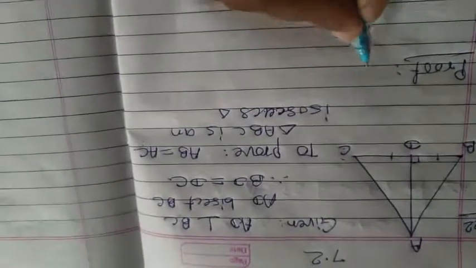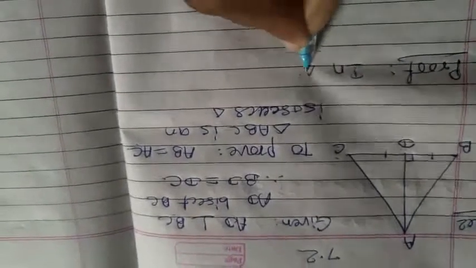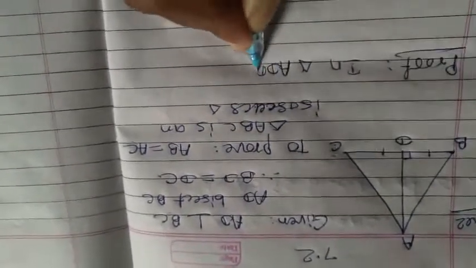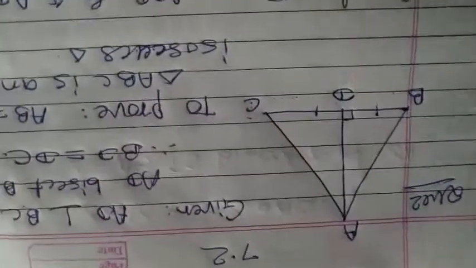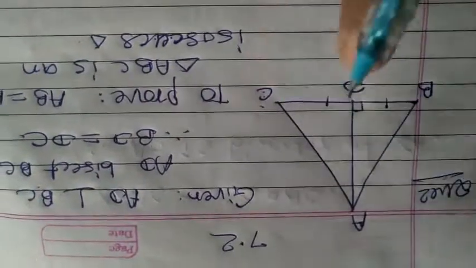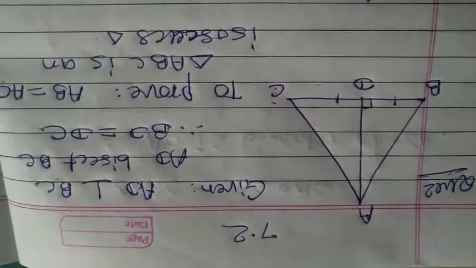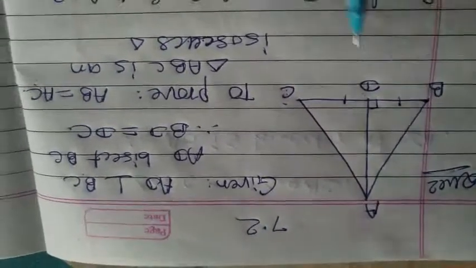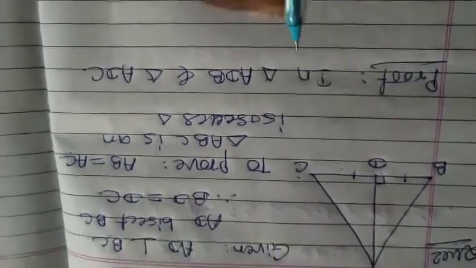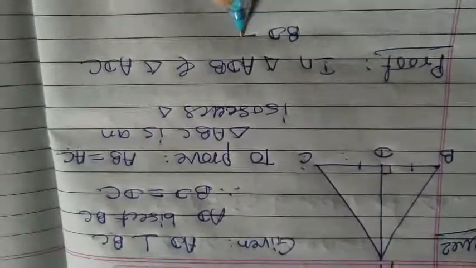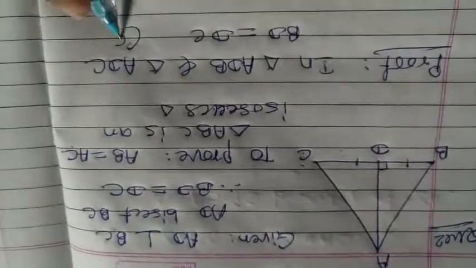Now consider triangle ADB and triangle ADC. You have to show that these two triangles are congruent, and to show this we have to find three elements. Firstly, you can consider BD is equal to DC, which is already given.